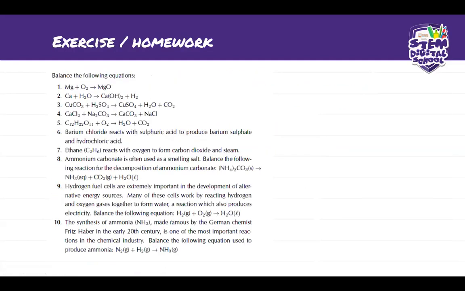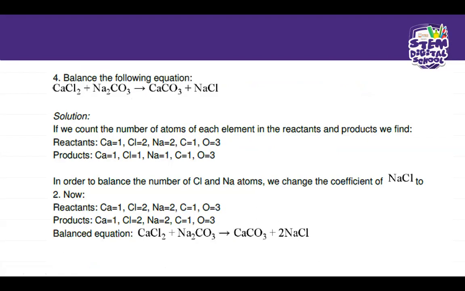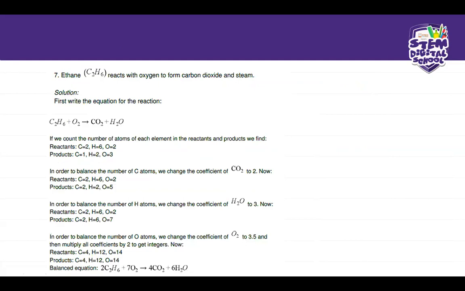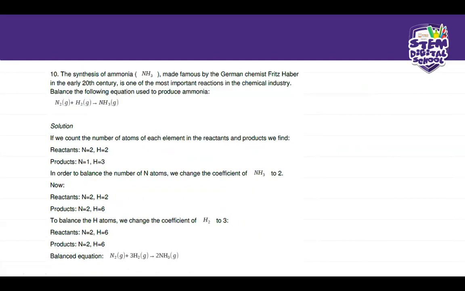And then the last but not least, it says the synthesis of ammonia, made famous by the German chemist Fritz Haber in the early 20th century, is one of the most important reactions in the chemical industry. Balance the following equation used to produce ammonia. Okay, so now we finally have an equation that balances ammonia. So we're going to start with showing ourselves what has been given.